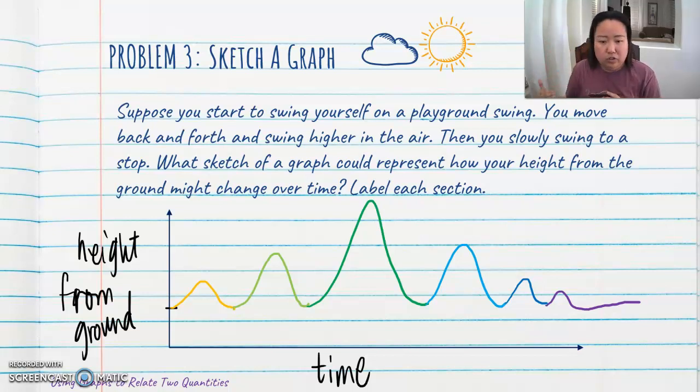When you are sitting on your swing, you are not sitting on the ground, you're at a certain height. So that's your beginning height for your swinging. And so as you can see here for this yellow graph part, from where you are sitting, definitely you have to move backward first. So when you're moving backward, your height is increasing.